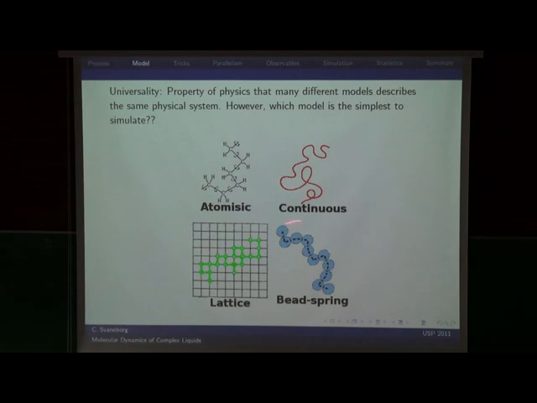This happens to be a very efficient model if you want to do molecular dynamics. So the point is, the same system can be described by many models. You will get out the same physics in all of these models, but this one is by far the easiest to simulate with molecular dynamics, and this one is by far the easiest to simulate with Monte Carlo simulations. So again, it depends on what physical properties we want to study, and what models we pick.